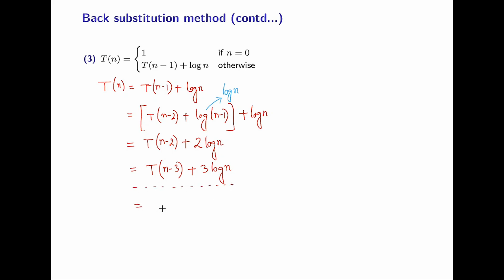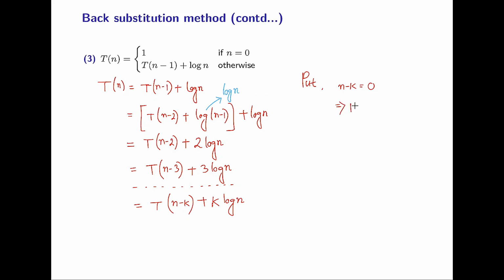Let's say we are going to stop at k. So T(n minus k) plus k log n. We do not know k, so we will find it out. To reach the base condition, we need to put n minus k equal to 0, because then only we will reach the base condition.